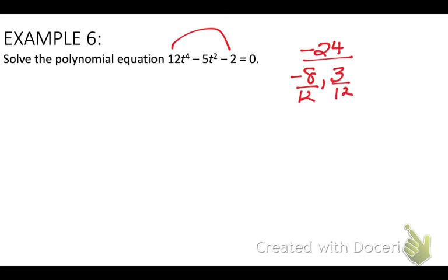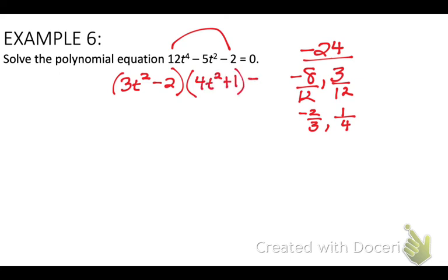So I can take out a 4, so negative 2/3. Take out a 3, 1/4. So this is going to factor to 3t squared minus 2 and 4t squared plus 1 is equal to 0.